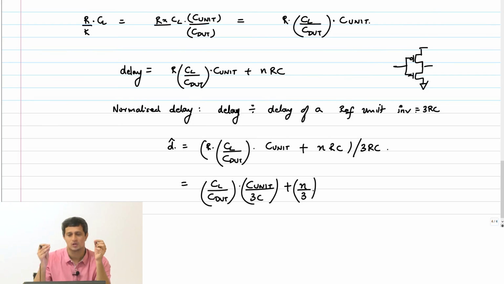You just count diffusion capacitance on the output and divide it by the diffusion capacitance of the corresponding inverter. You get just N by 3. So for a NAND gate N equal to 6, you will get a normalized parasitic delay of 2.